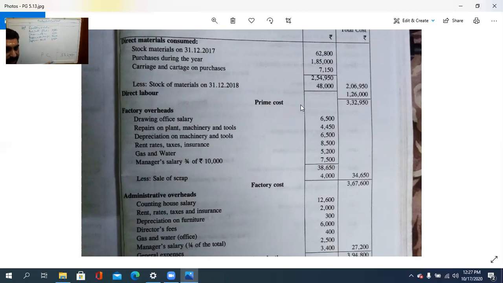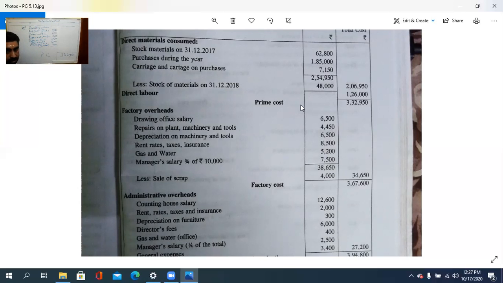Then rent, rates already taken. Gas and water, how much? 5,200. Then manager's salary, that is 10,000. 3/4 is to go to factory and 1/4 to the office. So 3/4 of 10,000 is 7,500.